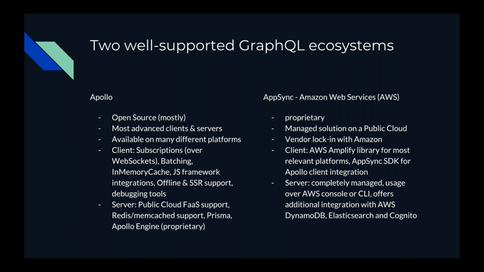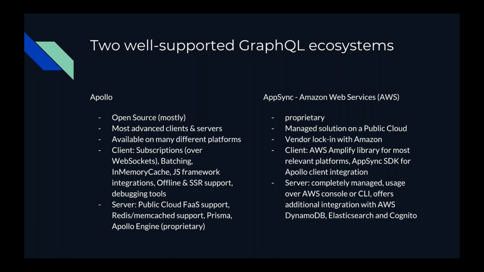That's where the money is coming from. And Apollo Engine is basically like a managed dashboard, similar to how we use Postman, where you can see statistics and performance data and can play around with your GraphQL API.